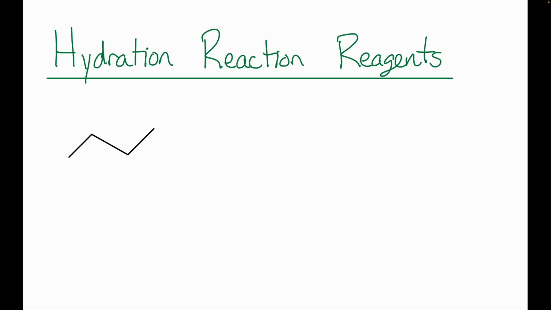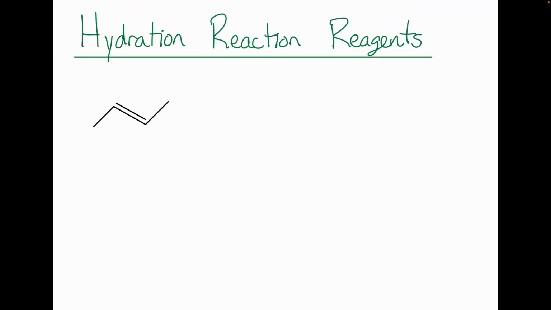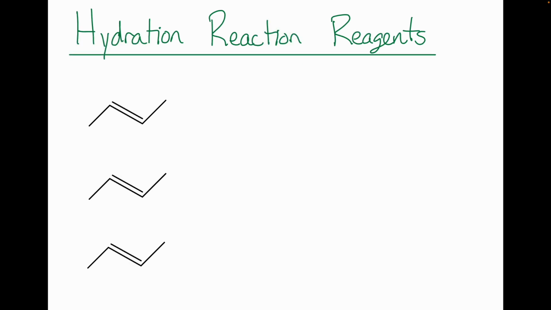All right, so let's start out with a simple symmetric alkene. We're going to have 3 different sets of reagents to accomplish these hydration reactions, and we'll talk about the similarities and the differences in a second. Remember, by reagents, I mean what's on my arrow here.